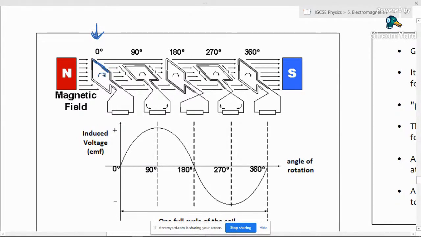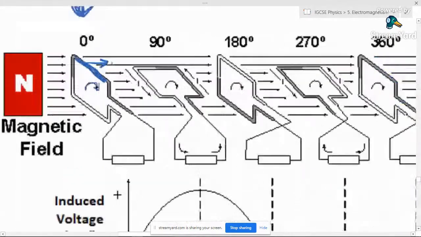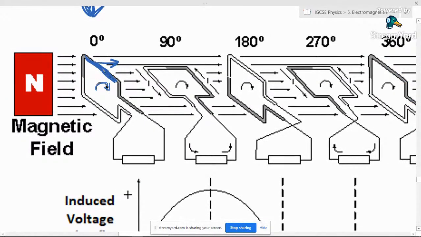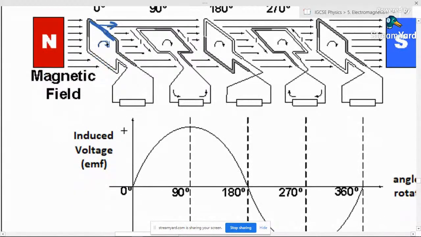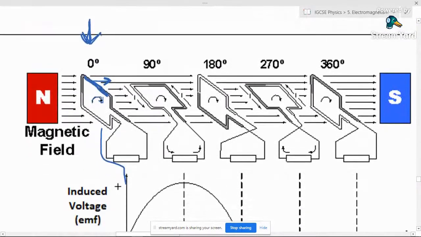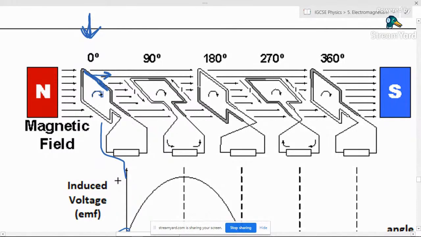At the instant we're looking at it, it's moving in this direction. Is this wire cutting any field lines at that instant? No, it's not cutting them. It's moving in the same direction as them. That is why the EMF associated with that is 0, because it is moving parallel to the field lines.